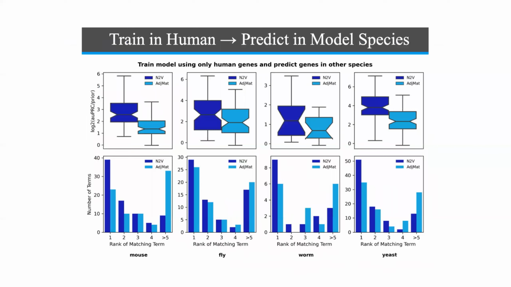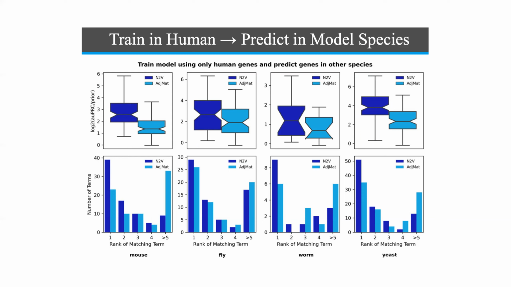Then another thing we did is purely train models on human genes and then predict genes in the other species. For here, you have to have the human and mouse model, because this is the big thing: you can put these genes in the same space now. What you can see here is that doing this with Node2Vec, this is for the BioGRID network, is much better than just using the adjacency matrix.